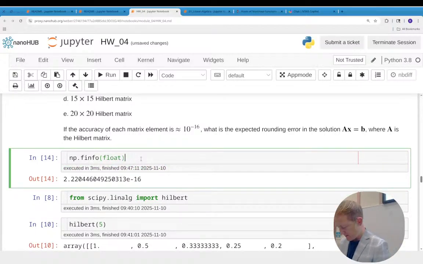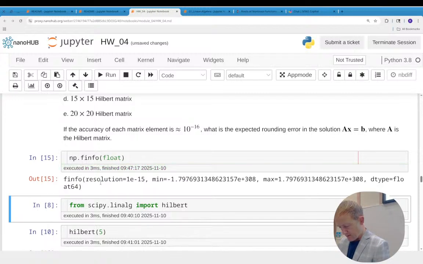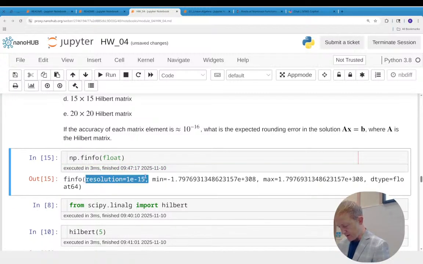So actually, this one is telling us the resolution of a floating point number. When you say, hey computer, store this 0.5 for me, sometimes it can store it exactly. Like 0.5 is the case of a 2 to the negative 1.